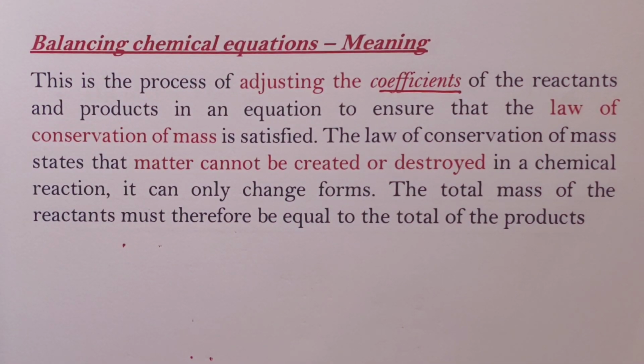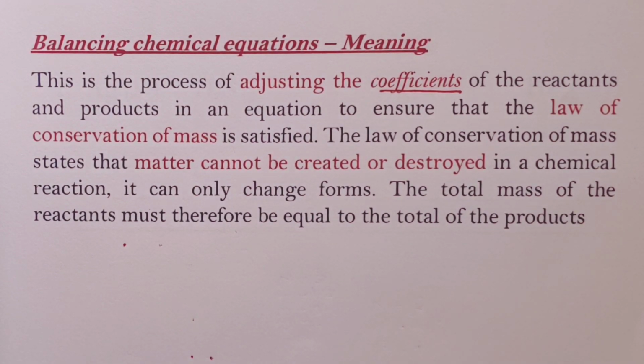Now, the law of conservation of mass states that matter cannot be destroyed or created in a chemical reaction, but can only be changed from one form to another. So that means that the total mass of the reactants must be equal to the total mass of the products.